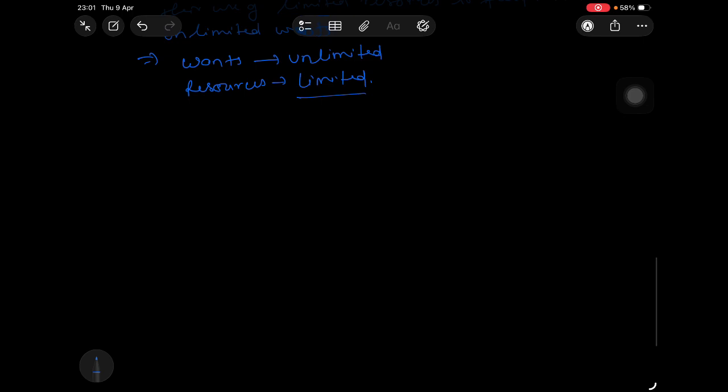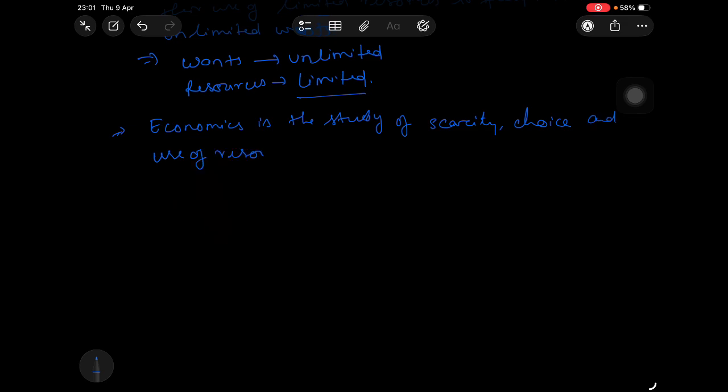So in simple terms, in the other definition, you can say that economics is the study of scarcity, choice, and use of resources to satisfy human wants.